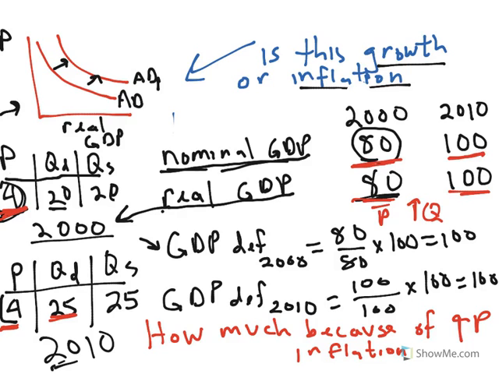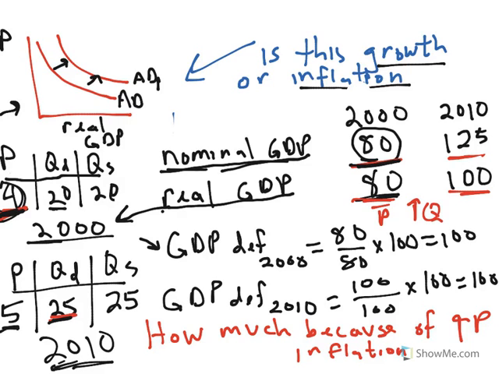Okay, so now let's change this slightly. Let's say that the price increased to 5. Okay, now we have to calculate the nominal GDP. We have 4. This 4 times 20 is 80. Easy. Now that's for 2000. Now for 2010, the nominal GDP is 5 times 25, which is 125.